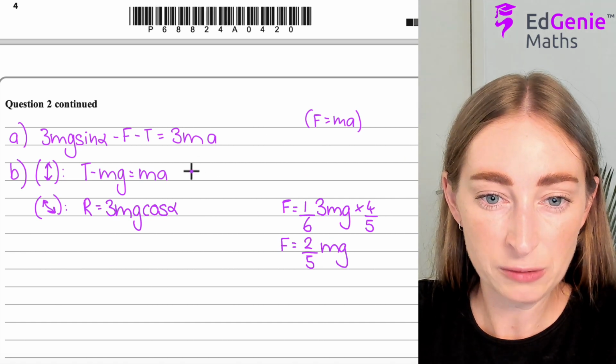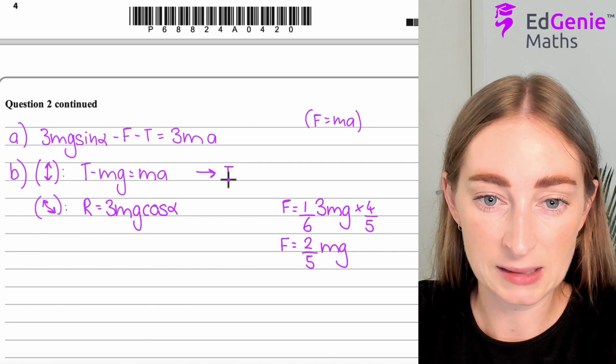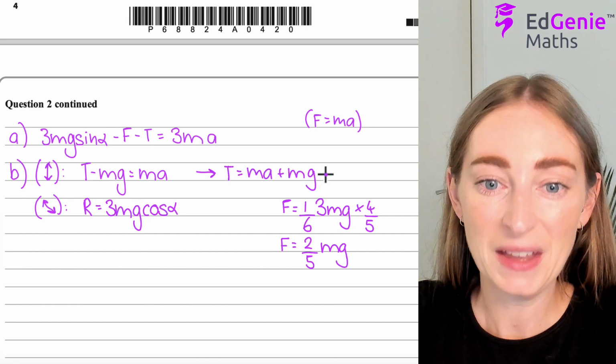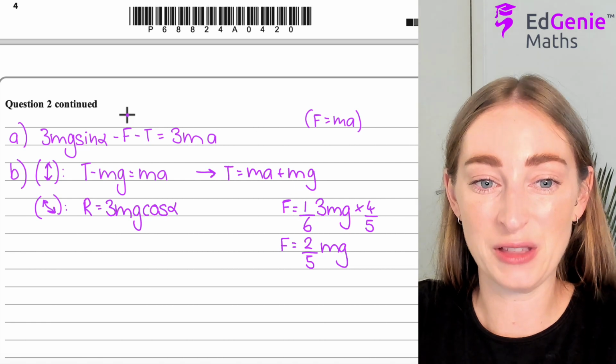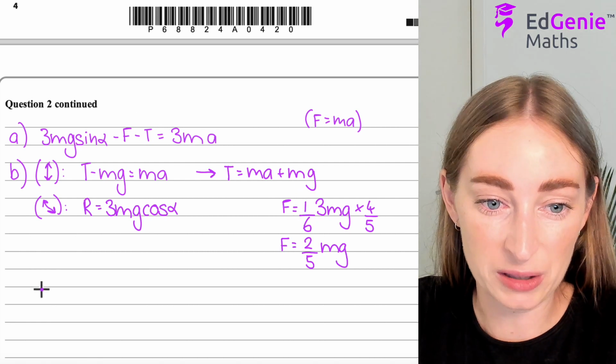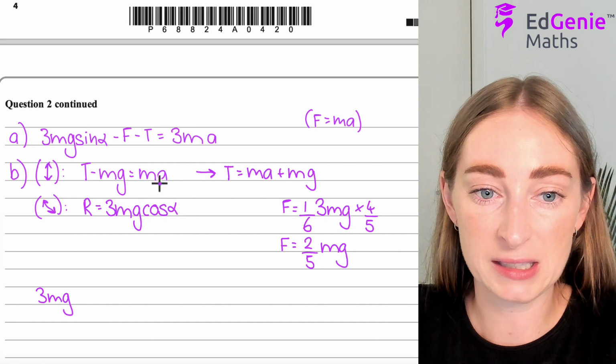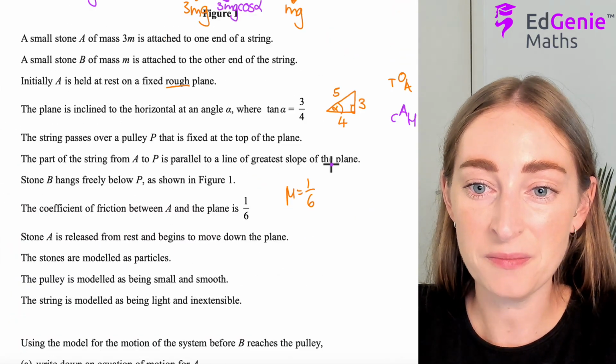And let's also rearrange this. Let's write this as T equals ma plus mg. And now we can substitute everything into here. So we are going to have 3mg sine of alpha. Let's go back up to my triangle.